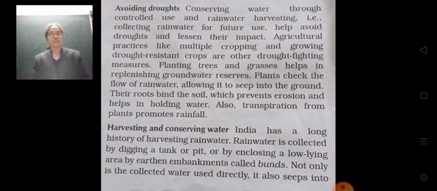Another method is the growing of drought resistant plantation. Planting trees and grasses helps in replenishing groundwater reserves. Another method for avoiding drought is the plantation of trees.